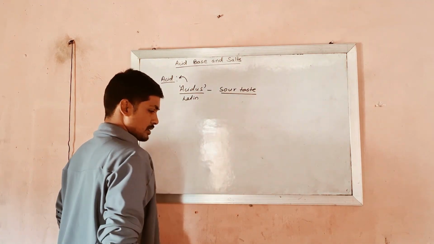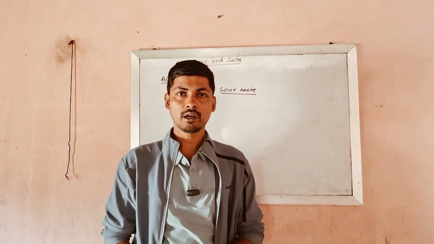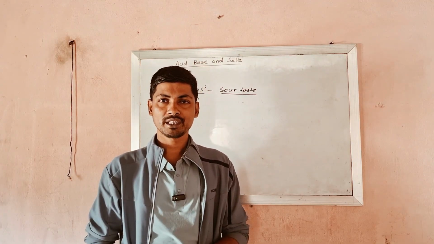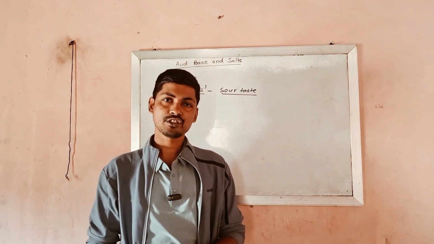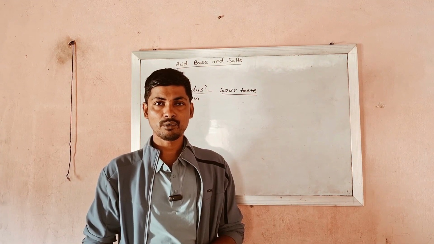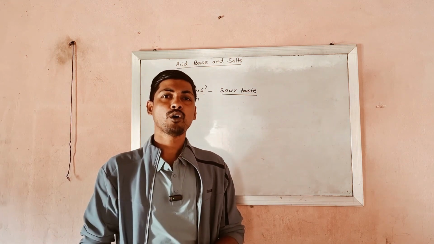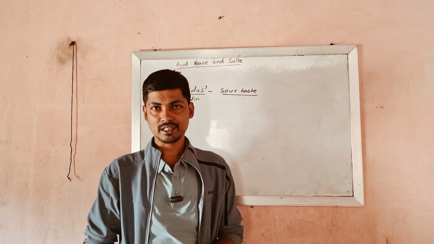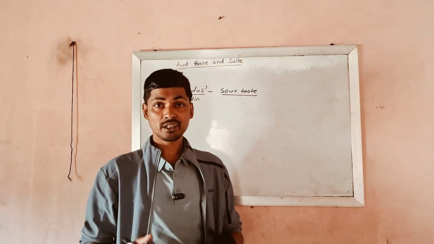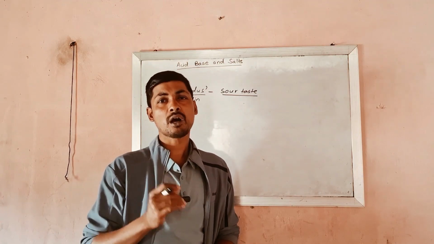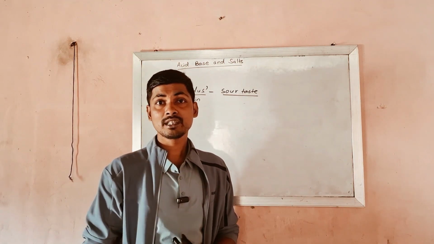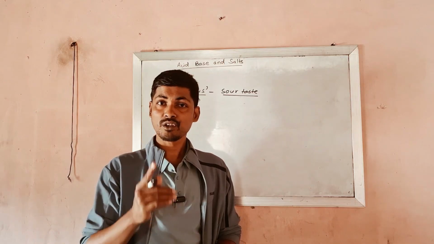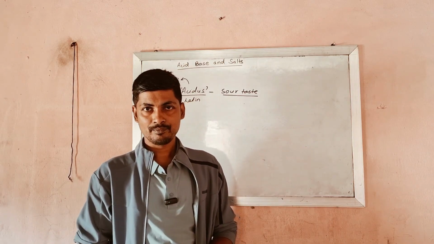There are many things in our surroundings which are sour in taste, like lemon, curd, and unripe orange. Why are those things sour? Because they contain acids.